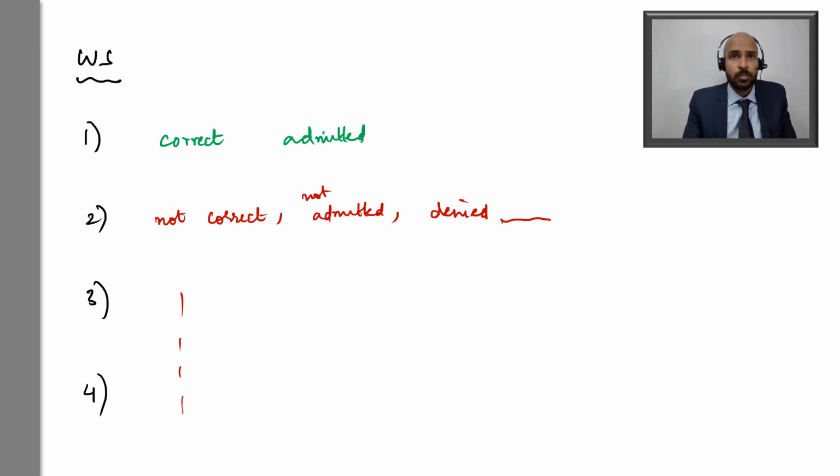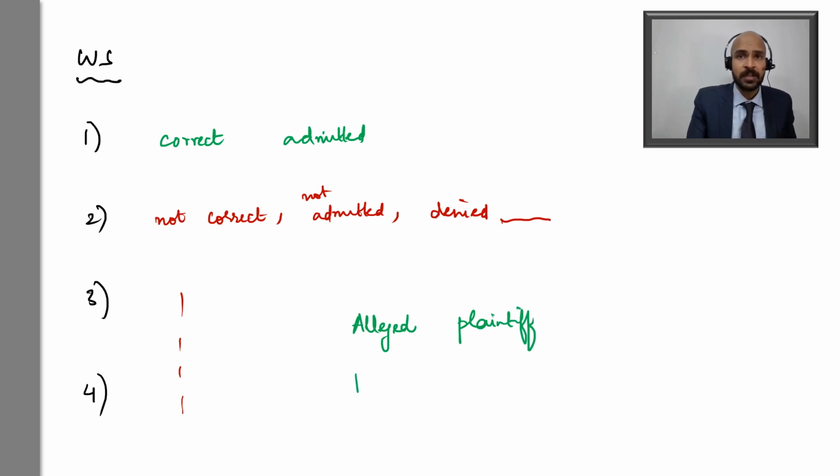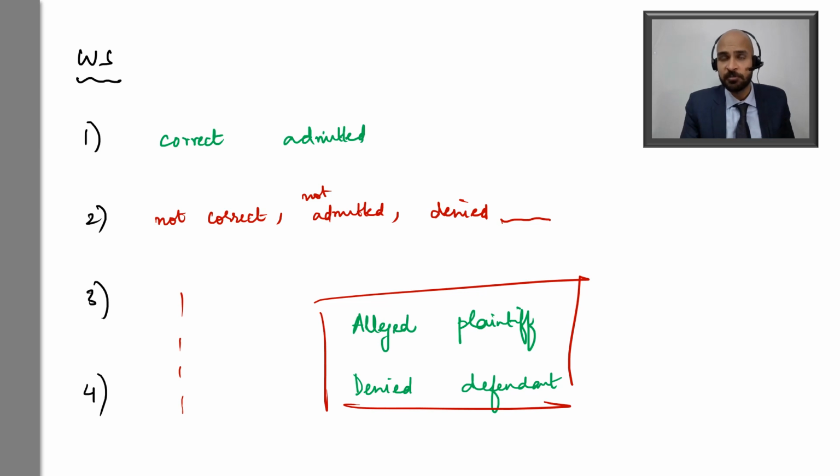So either there's going to be an admission or there's going to be a denial. In such a case, we can find that there are certain facts that have been alleged by the plaintiff and which have been denied by the defendant. Right? These are the points of dispute.